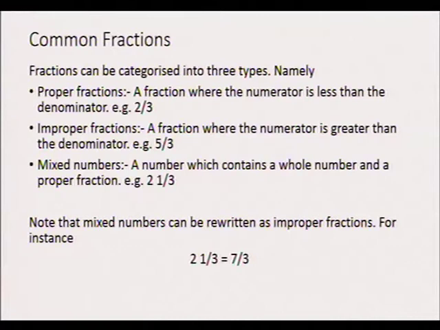Otherwise, what you could also do if you want to go the other way, for example, the improper fraction that we have in the example above, 5 over 3, you can rewrite it as a mixed number by dividing 5 by 3. 3 goes into 5 once.